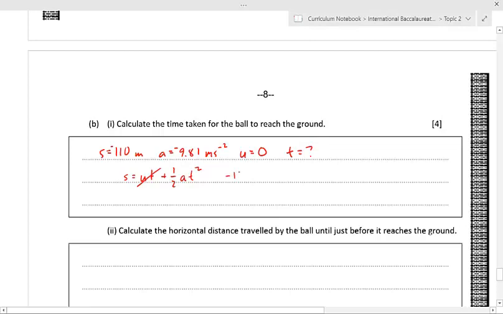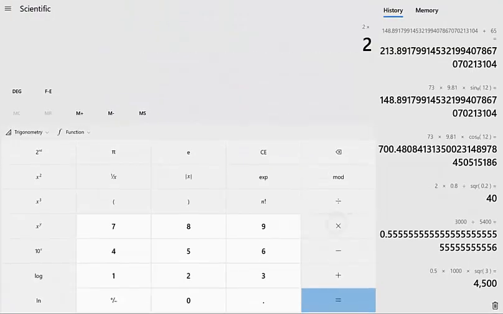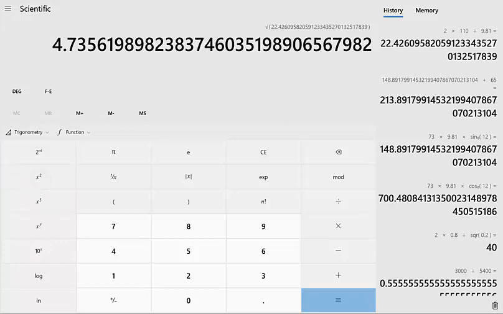Let's just rearrange it for t first. So we get t is equal to the square root of 2s over a, which is the square root of 2 times 110 over 9.81. Well, negative and negative, not that it matters. Okay, so then we get a final answer: 2 times 110 divided by 9.81, and then we'll square root that and get 4.74.